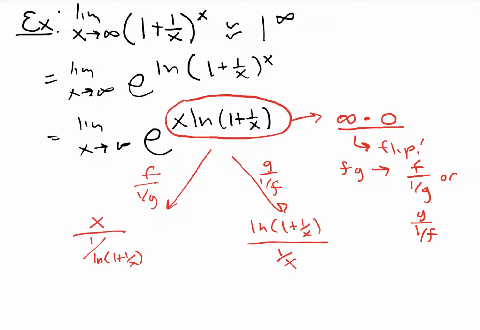Now, in some of the examples that we've done in class for this infinity times 0 thing, these flipped expressions can simplify a little bit. In this particular case, there's not much simplifying that you can do to the natural log. While the top derives very nicely here, this will turn into a 1, and it'll disappear very quickly. You won't be able to L'Hopital that again.